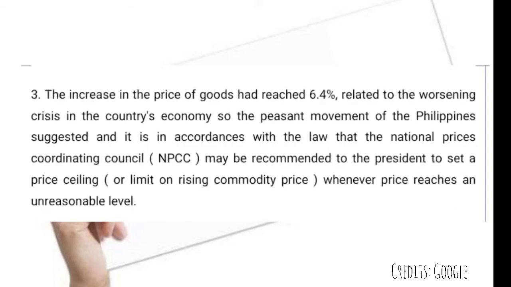Number 3, the increase in the price of goods had reached 6.4% related to the worsening crisis in the country's economy, so the Peasant Movement of the Philippines suggested, and it is in accordance with the law, that the National Prices Coordinating Council may be recommended to the President to set a price ceiling or limit on rising commodity prices whenever price reaches an unreasonable level.